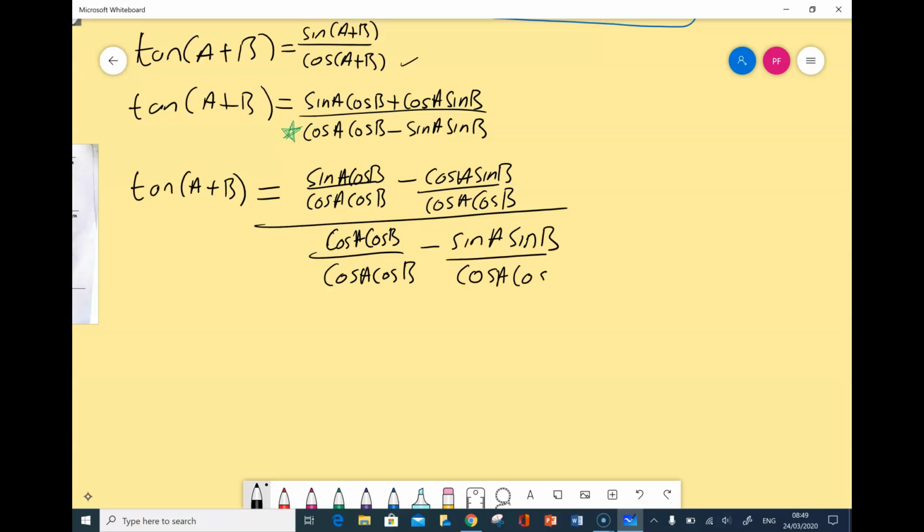So we're going to see a lot of things cancel. So here my cos B's cancel. Here my cos A's cancel. Then down here I've got cos A cos B over cos A cos B. That's going to turn to 1. And here I can see that I've got sine over cos. So sine over cos, sine over cos.